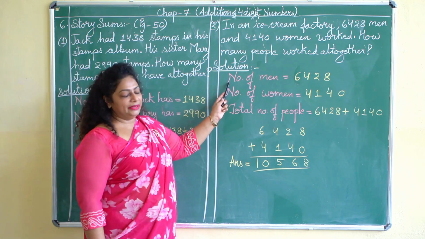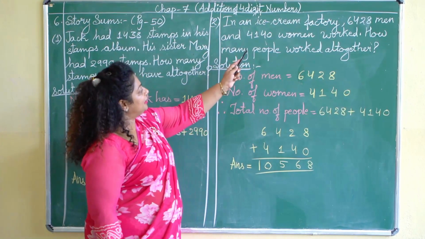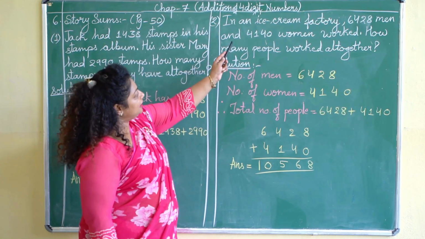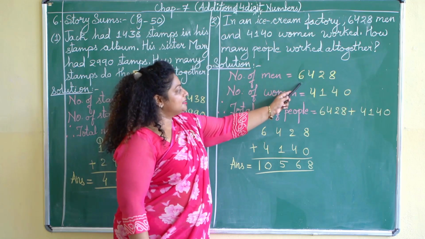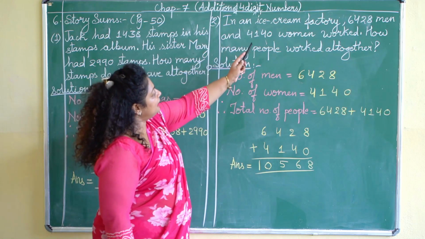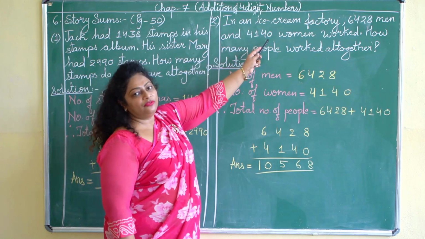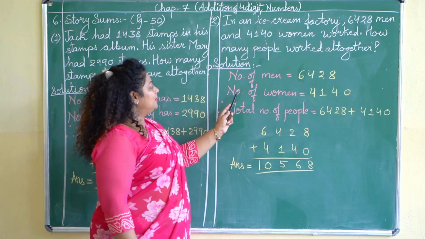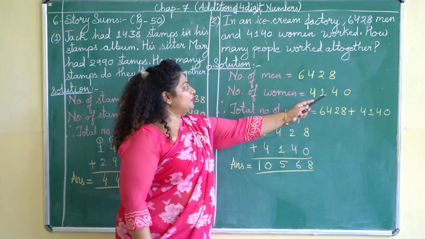First statement will be number of men. How many men are working in the ice cream factory? 6,428. So we have written 6,428. Now, how many women are working in the ice cream factory? 4,140. So let's write number of women is equal to 4,140.